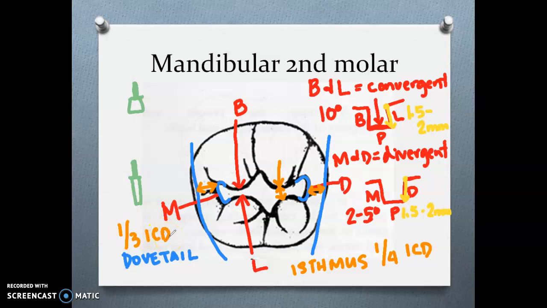So what is intercuspal distance? From the cusp tip of your buccal cusp and the cusp tip of your lingual cusp, you draw an imaginary line just on your head. For the dovetail, divide by 3.